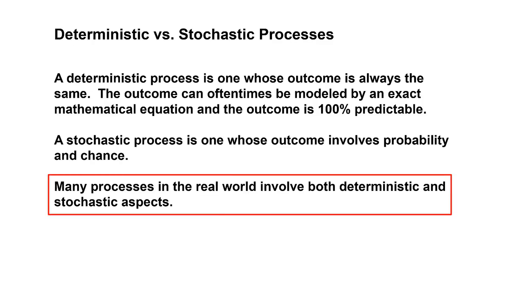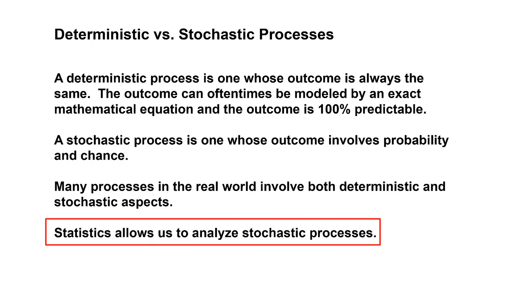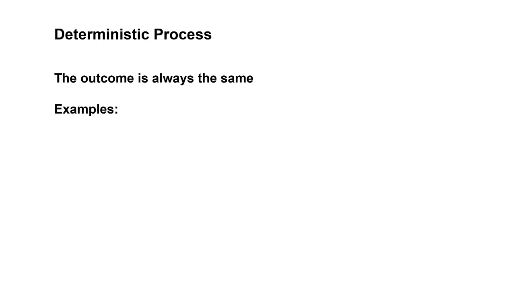Many processes in the real world involve both deterministic and stochastic aspects. So sometimes you'll put together a model that uses deterministic mathematical equations, but then some stochastic random error is built into those parameters. Statistics allows us to analyze stochastic processes. So really what we're going to be talking about in this entire course in the 3 parts relates to stochastic processes.